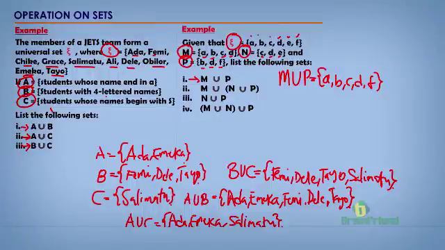So we have F, which is present in P but not in M, and therefore we list it in our union. Let's try the other one.